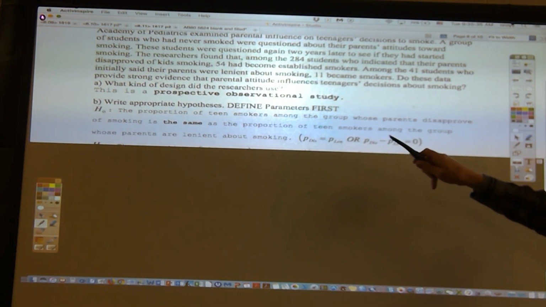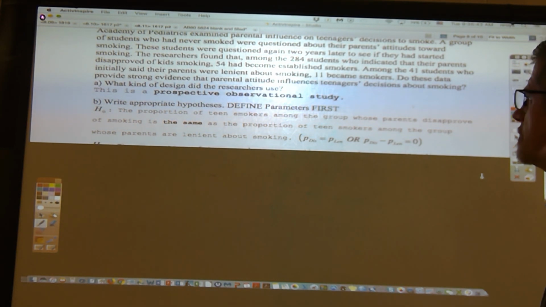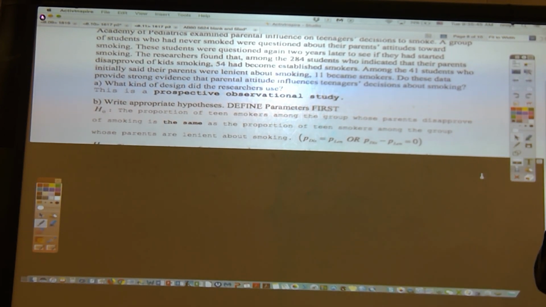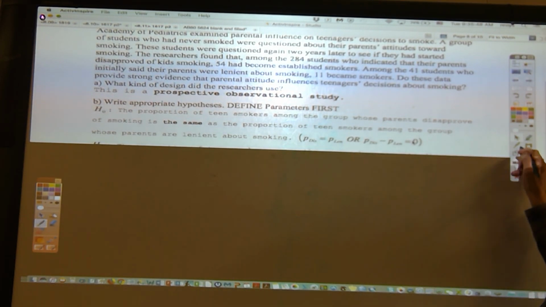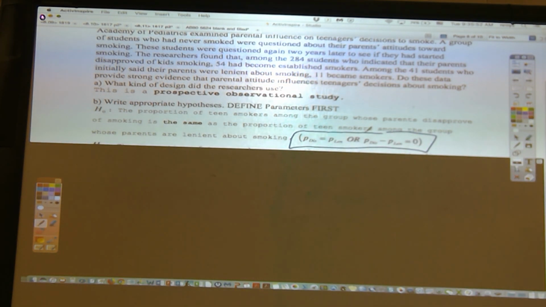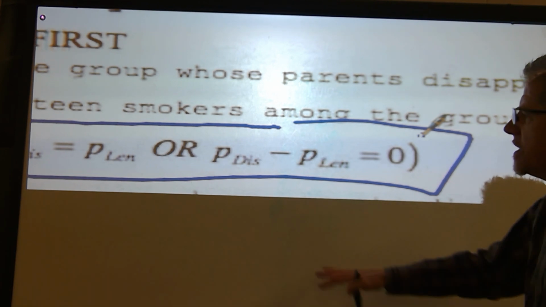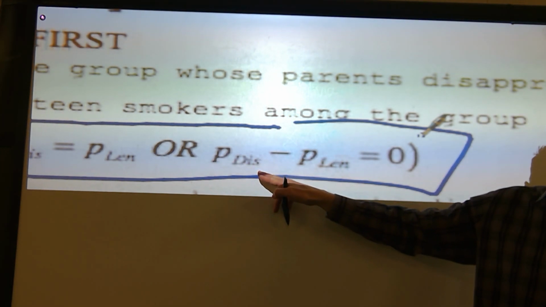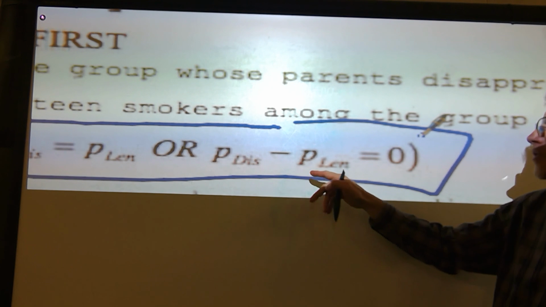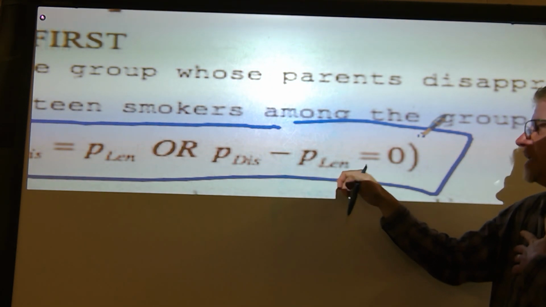The null hypothesis is that the proportion of teen smokers, and you can jot this down, you've got a lot to write, the proportion of teen smokers among the group whose parents disapprove of smoking is the same. Tell you what, to save time, just write it down in this form. So, P disapproving, those disapproving of smoking, minus the proportion of smokers among those with lenient parents, P lenient, is 0.